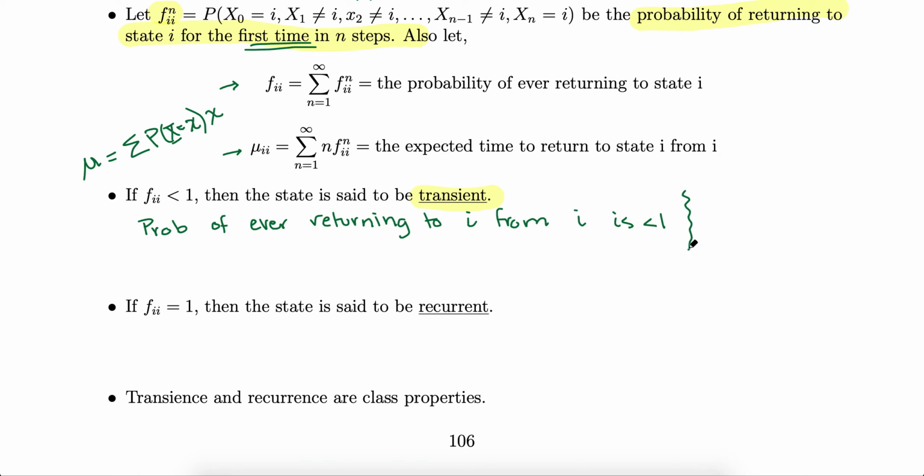And in other words, we are not guaranteed to return to state I. The probability is less than 1. It's not a guarantee.